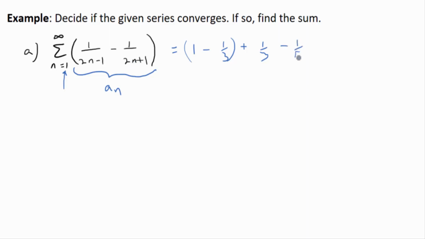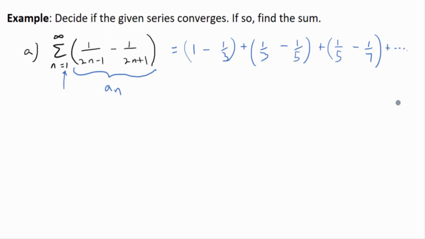So 1/3 minus 1/5. I'm sensing a pattern. What's the next one? 1/5 minus 1/7. And then we could do this all day long.